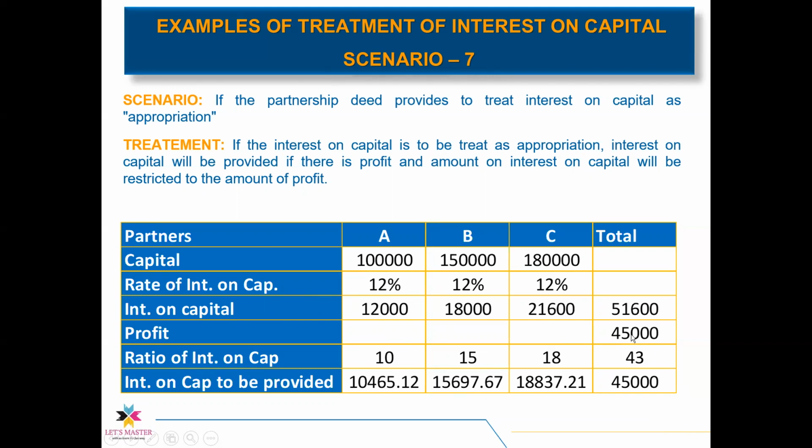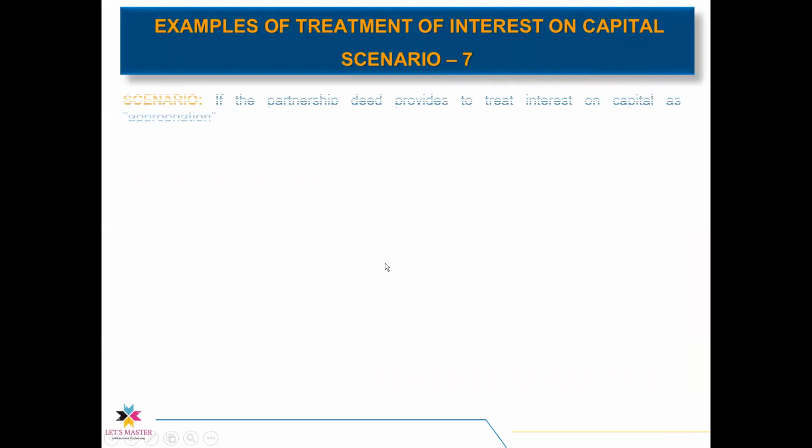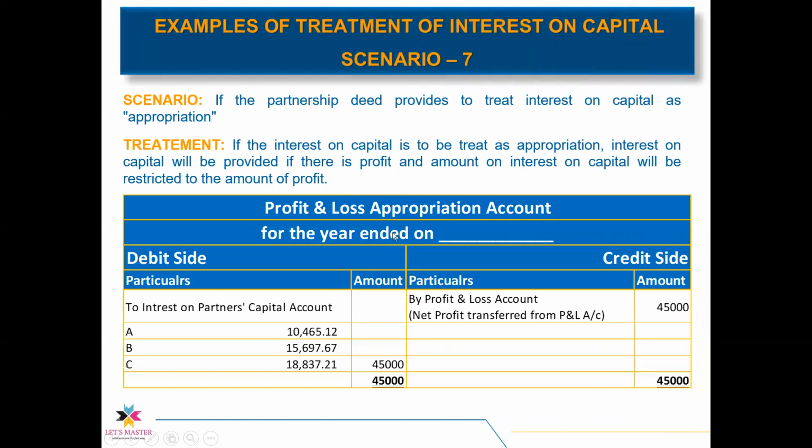So this 45,000 is provided to the partners as interest on capital. And your profit and loss appropriation account should look like this. So these are the different scenarios of treating the interest on capital account.